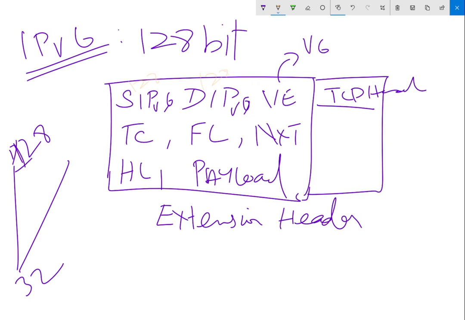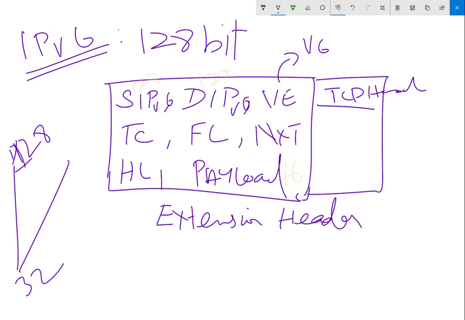If you want to check the payload length, it is, I think, 16 bits or something. So each one has its own size. It is allocated a size, and then it has only these fields: the next header, the hop limit, and all those things.